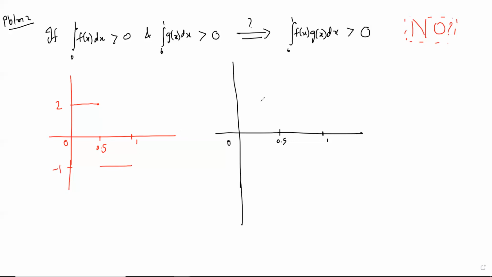Yes, that's right. So let's see this example then. So maybe we can also do a line which goes from 2 to -1, which is continuous.